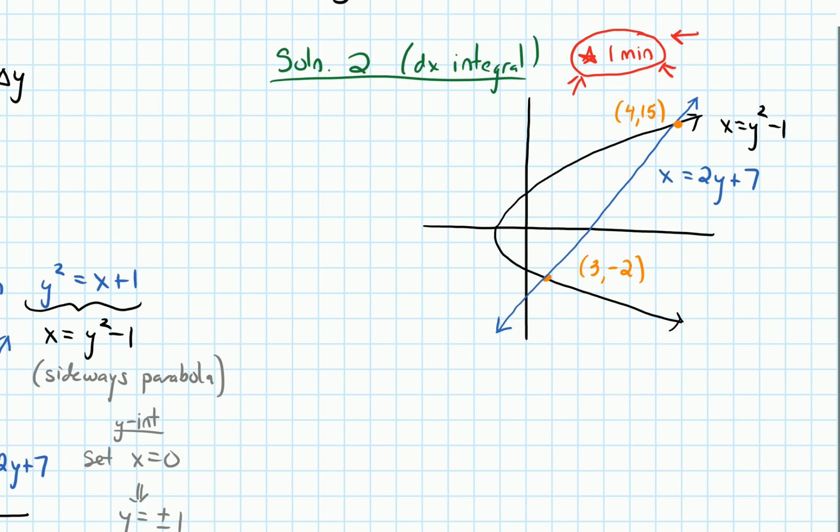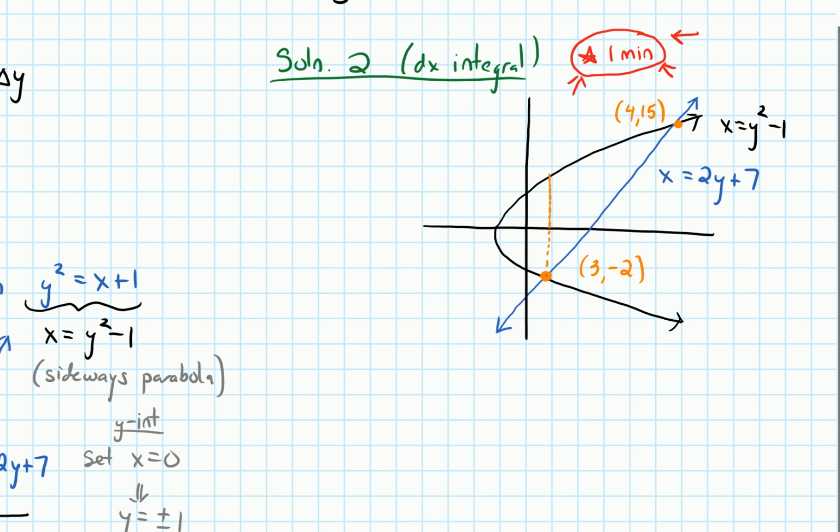So with this question, it's not super straightforward what the top and bottom functions are because they switch somewhere. In fact, at this intersection point, (3, -2), if I draw a dashed line, it splits up the region into 2 pieces.